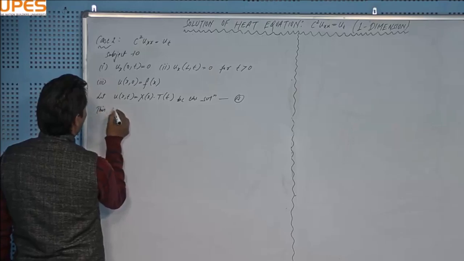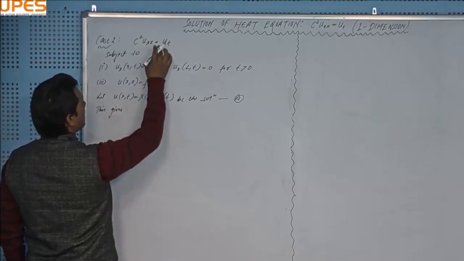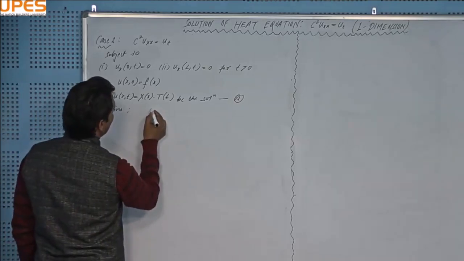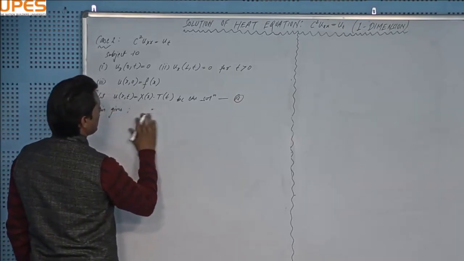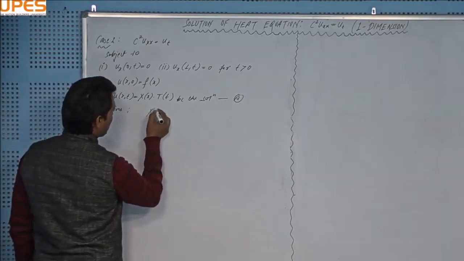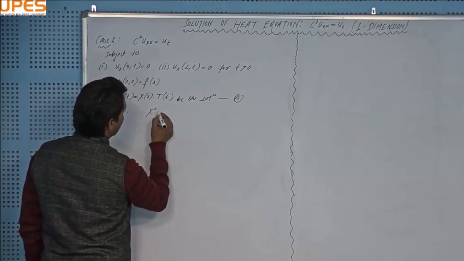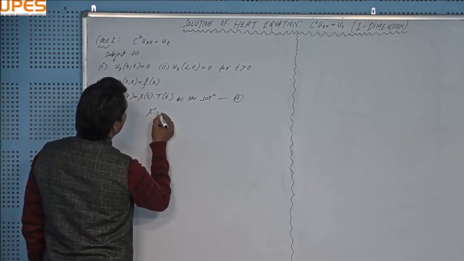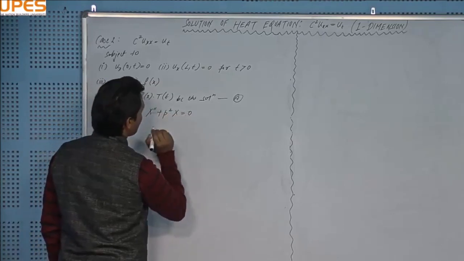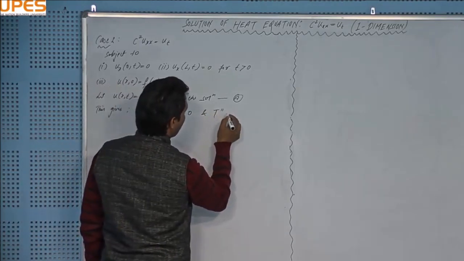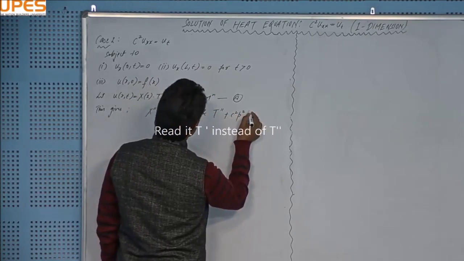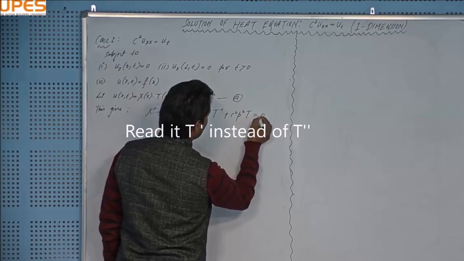On plugging in, the heat equation reduces to two ODEs, which I should write directly: X double dash plus p square X equal to 0, and the other is T double dash plus c square p square T equal to 0.